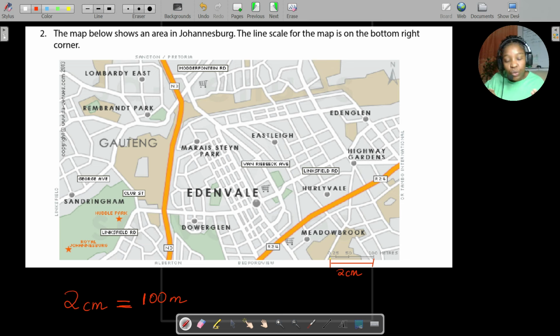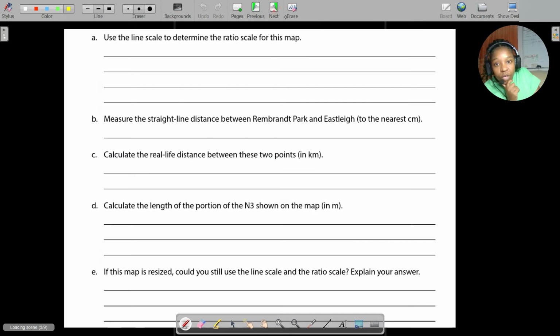You just need to measure that line scale. So we know that 2 centimeters on the map, because we've measured this using our ruler, is equal to 100 meters in real life. We're going to be using this equation to help us answer the questions that follow. Cool stuff. Let's have a look at the questions.